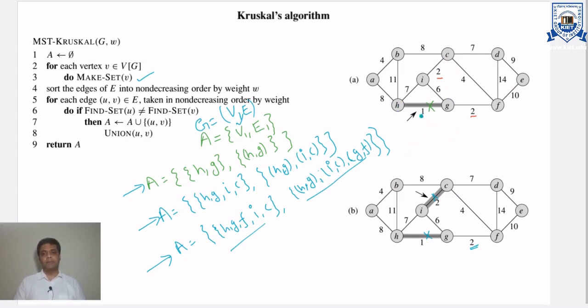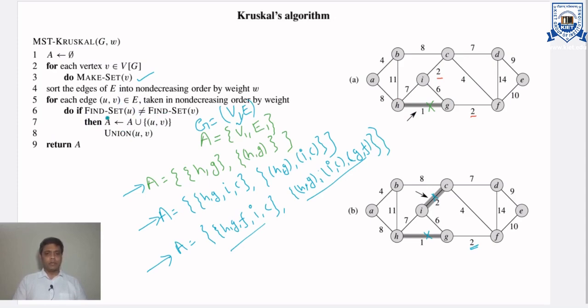And now the definition of safe. If it is safe, what does that mean? It means it is not making a cycle with the previous ones. How could we check that the newly considered edge is not going to make a cycle with the previous ones? Now this make set is coming into the picture, make set and find set.